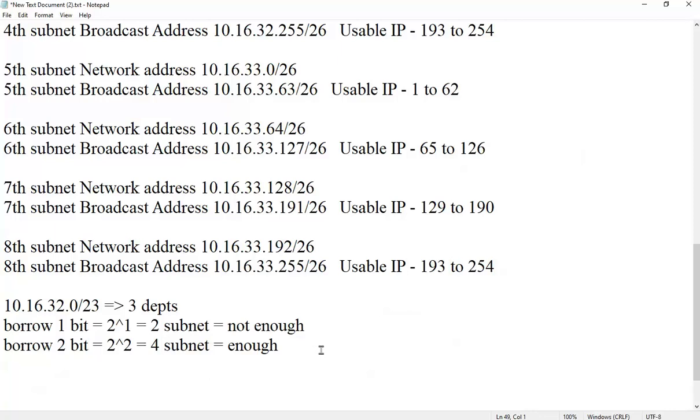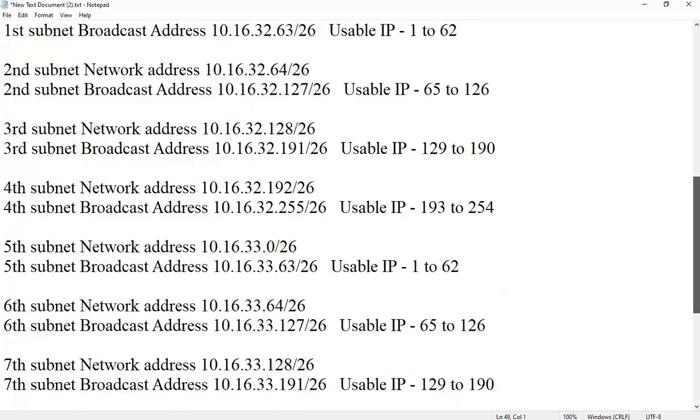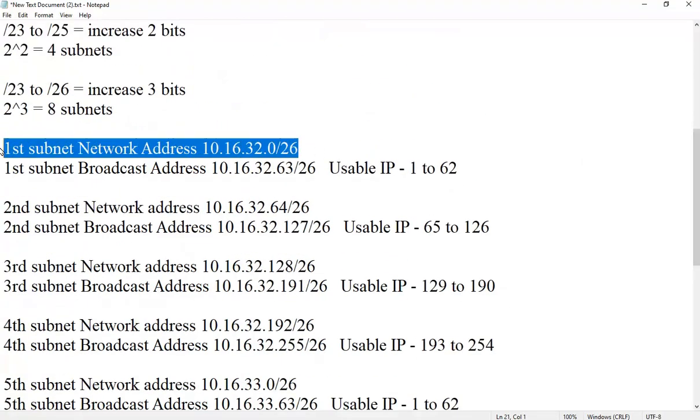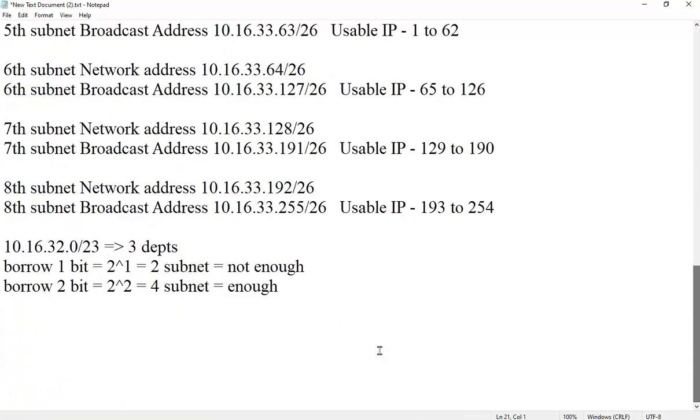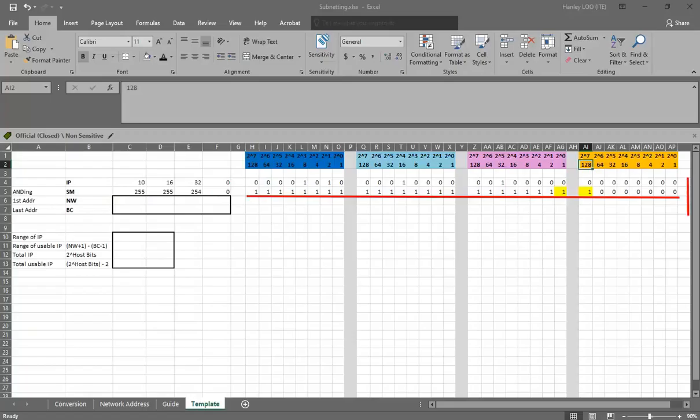So similar to what I've done earlier, the first address will be the same network address that is given, but instead of /26, now I'm using a /25 subnet mask. 8 plus 8 plus 8 is 24, and another one bit is 25.